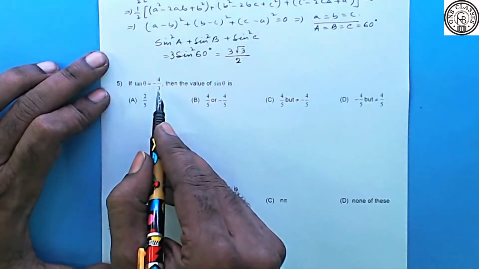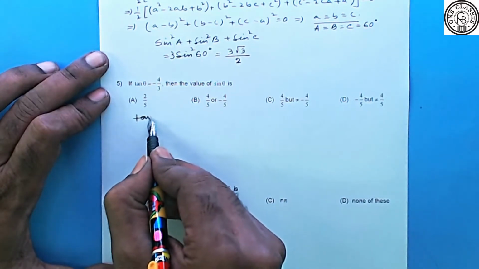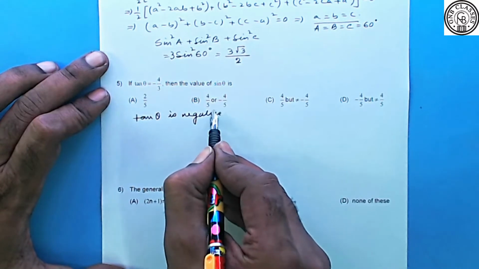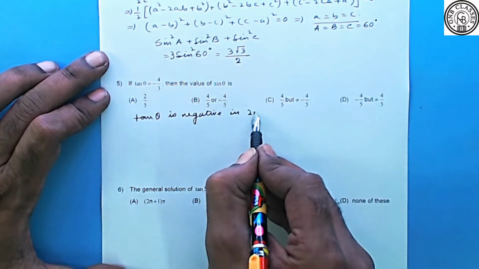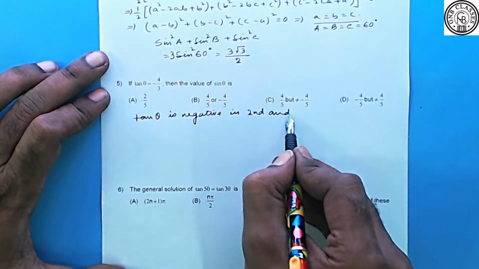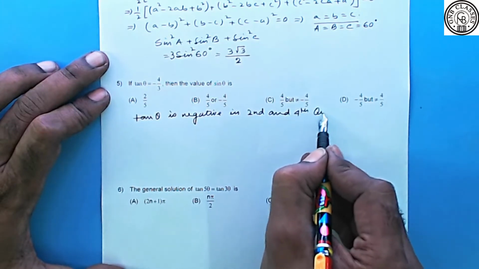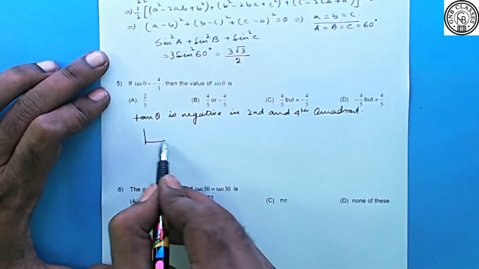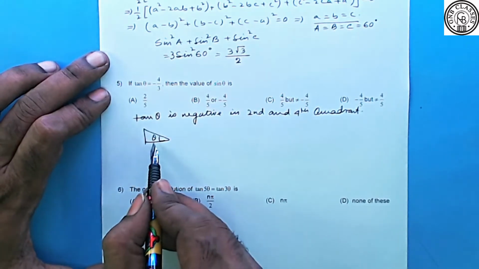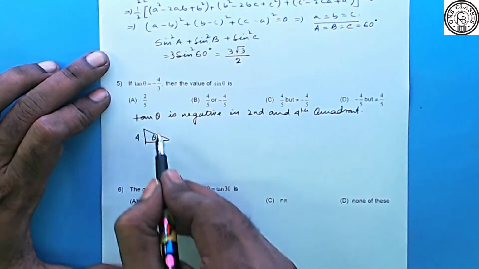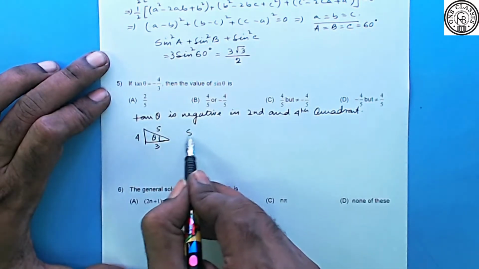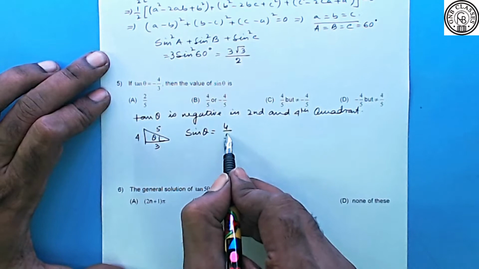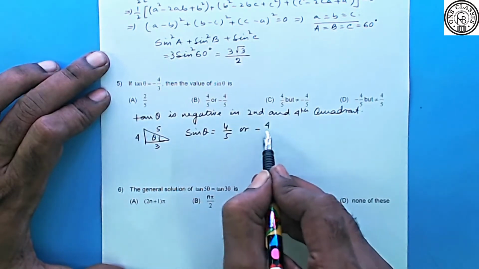Tan theta is minus 4 by 3. We know that tan theta is negative in second and fourth quadrant. Right? So, if this angle is theta, this is 4, this is 3, so this is 5. Therefore, sin theta is either 4 by 5 or minus 4 by 5.